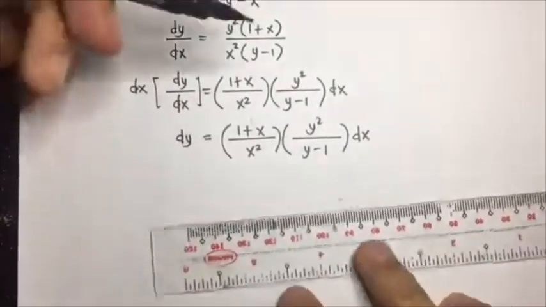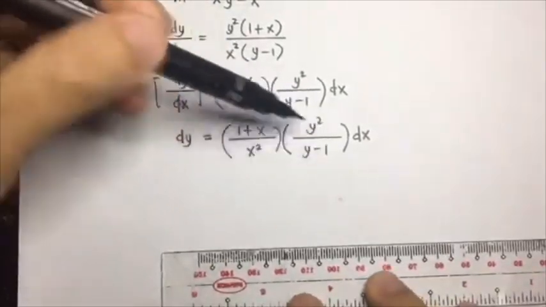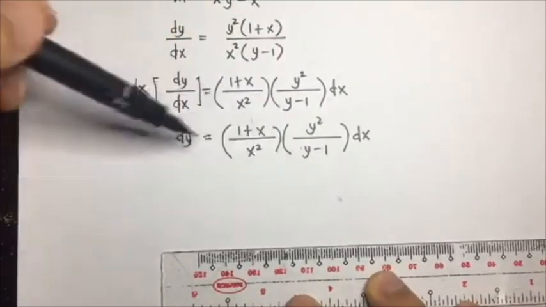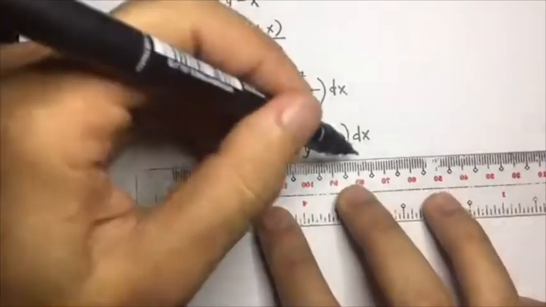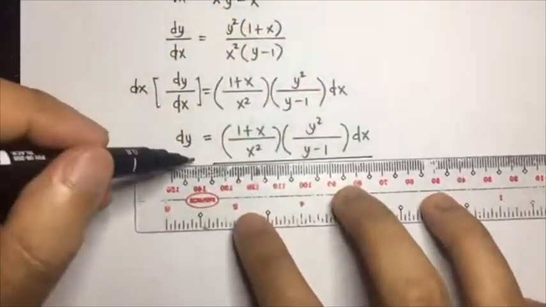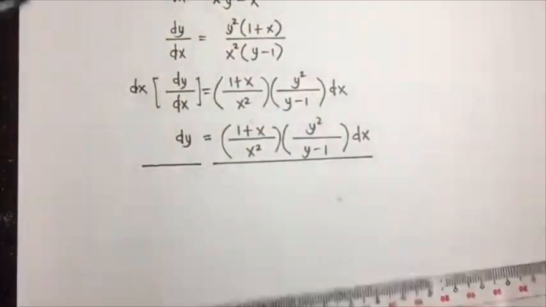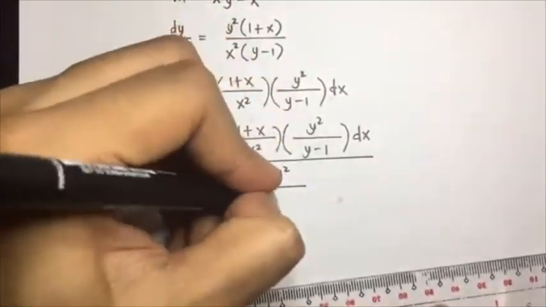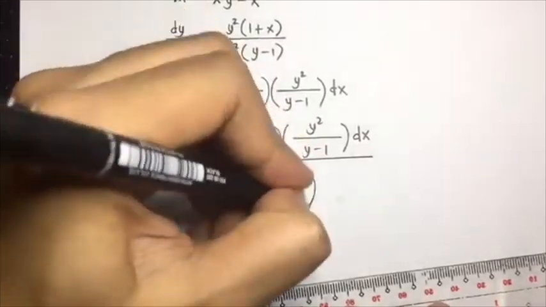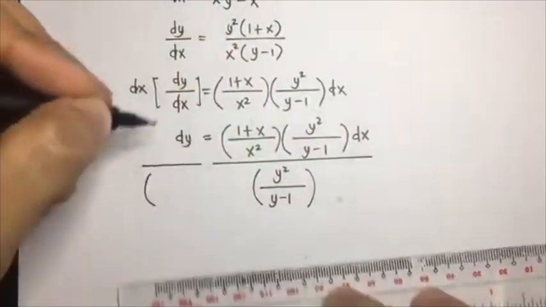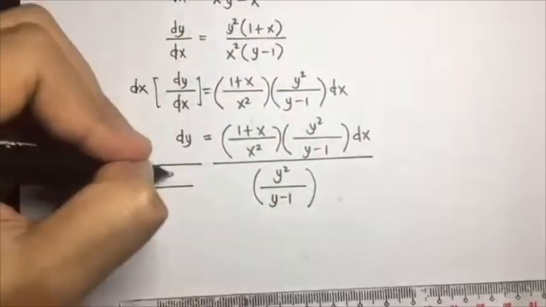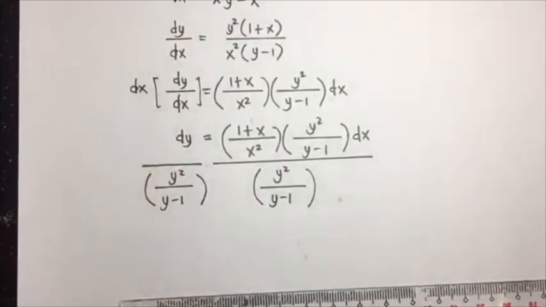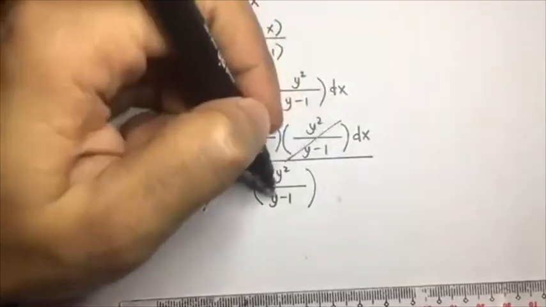However, y is still on this side and we need to transfer that to the other side. What we can do here is divide both sides by y squared over y minus 1. For this side, and on the other side, divide also by y squared over y minus 1. We can cancel out this.